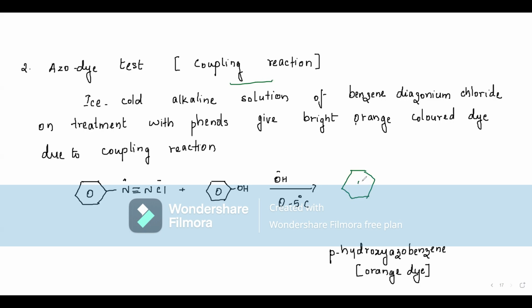Here, the reaction is between the benzene ring from the diazonium chloride, and the para hydrogen present on the para position of phenol combines with the Cl minus. So your byproduct here is HCl.